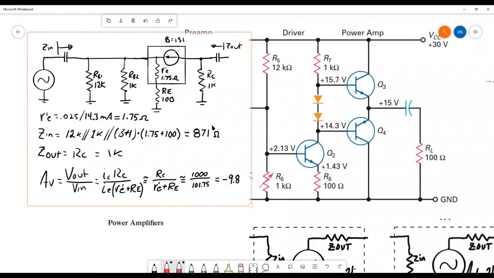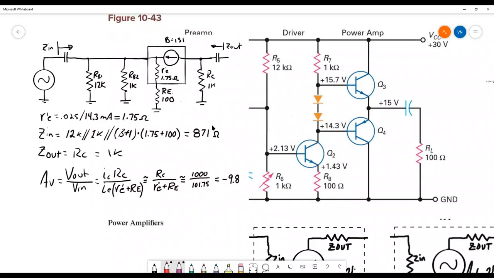Now that I've got the AC equivalent circuit, I can figure out my important characteristics. As I said, r'e is 25 millivolts over 14.3 milliamps, so about 1.75 ohms. Put that in there. Zin would be this, parallel with this, parallel with this.